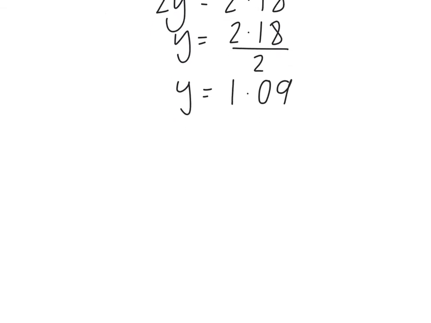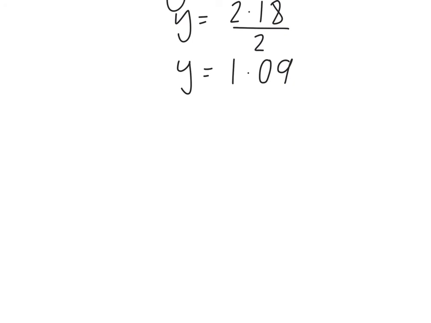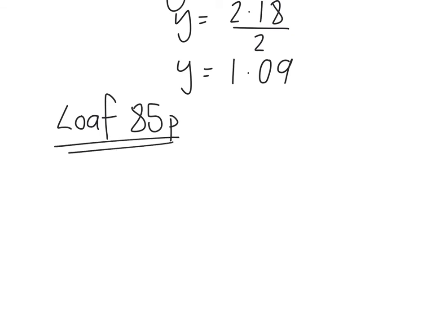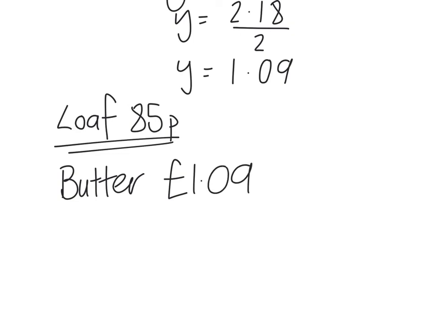X was the cost of a loaf of bread, so that means a loaf is 85 pence, and a packet of butter was represented by y, so that means the butter is £1.09. That's the end of the question and our final answers.